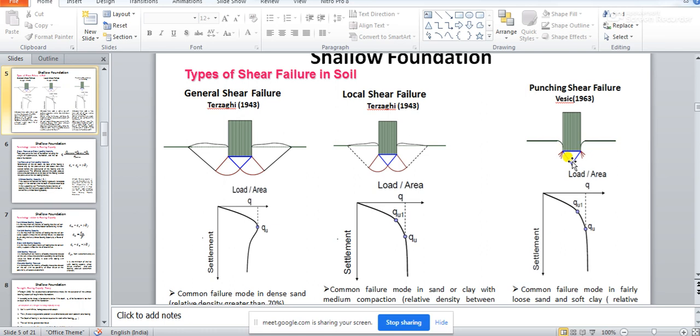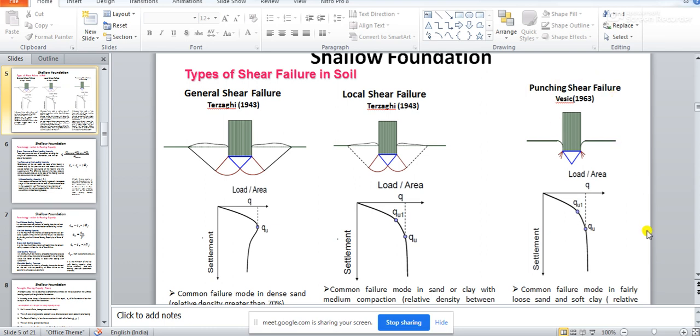Because of the absence of zone 2 and zone 3, you will not observe any indication of soil failure from outside. There is total absence of bulging in case of punching shear failure.